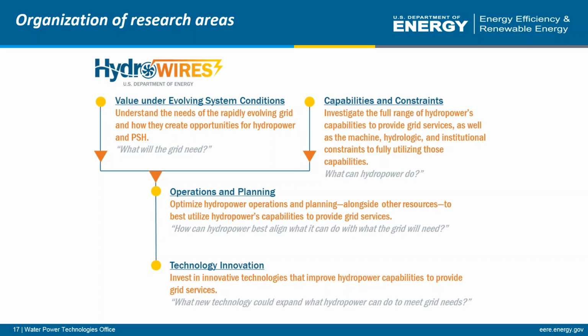Then we move on to capabilities and constraints. Given that, what could hydropower's role be in that future U.S. grid with more variable renewables? And what are its capabilities and also its constraints?